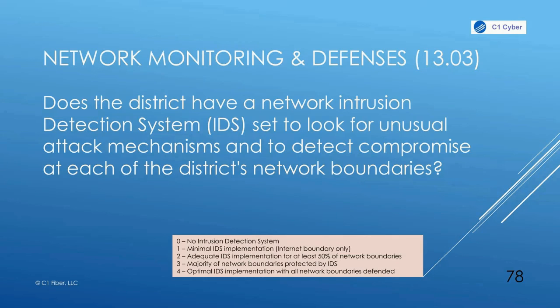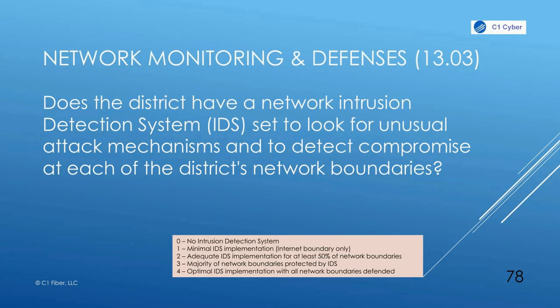Does the district have a network intrusion detection system set to look for unusual attack mechanisms and to detect compromise at each of the district's network boundaries? Score 0 if your organization does not have an intrusion detection system. Score 1 if your organization has minimal IDS implementation, such as Internet boundary only.